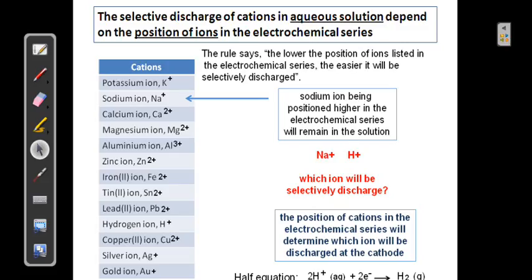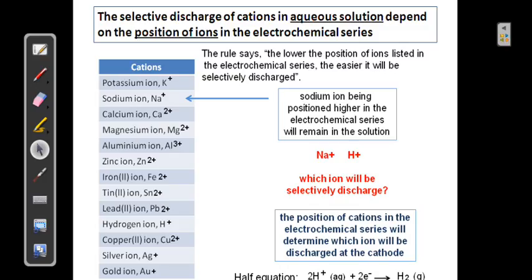So the half equation: 2H+ in aqueous, when they receive two electrons at the cathode, become hydrogen atoms. Hydrogen ions become hydrogen atoms, and when two of them meet together, they form a molecule called hydrogen gas and get released, right?